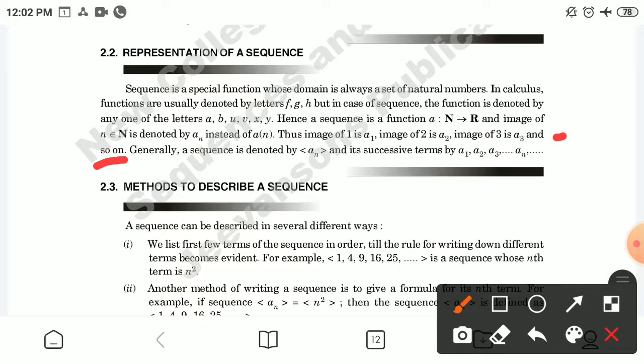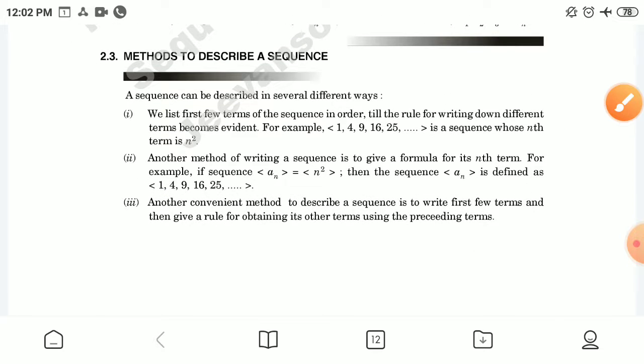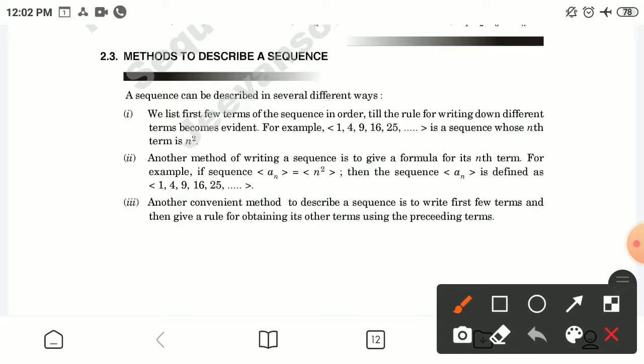Generally, a sequence is denoted by a_n and its successive terms by a1, a2, a3, and so on, a_n, and so on. We have different methods to describe a sequence. A sequence can be described in several different ways.